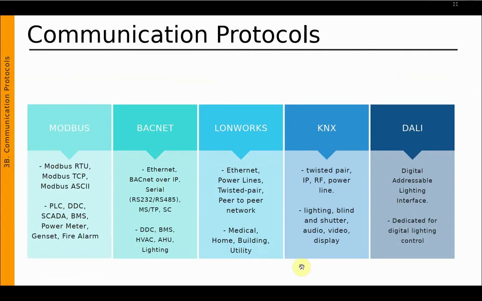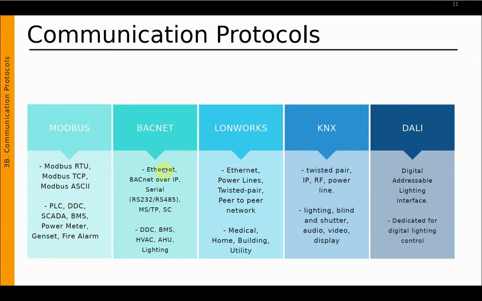When we talk about the control system, we have to know each communication protocol. A building automation system has several protocols, but the first is Modbus. Modbus consists of Modbus RTU, Modbus TCP, and Modbus ASCII, and is usually used in PLC, DDC, SCADA, BMS, power meter, genset, and also fire alarm.